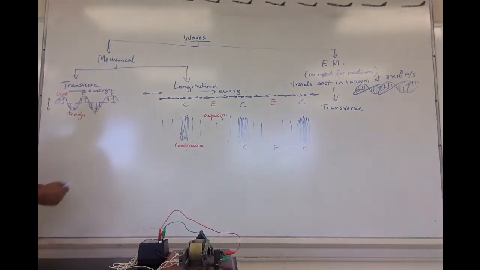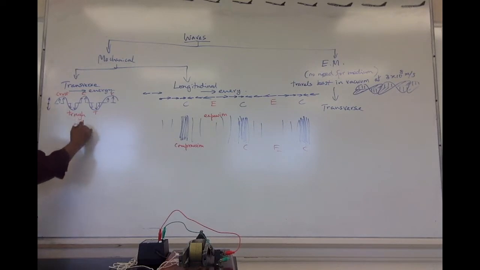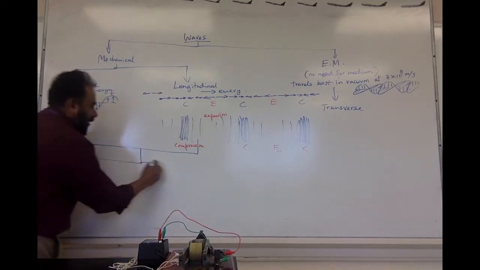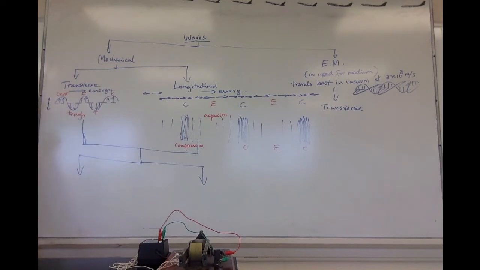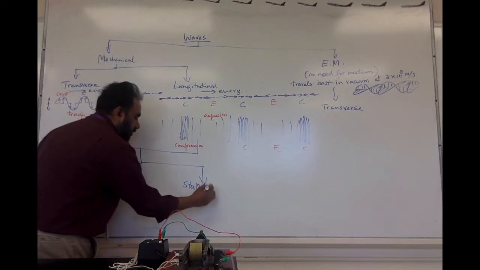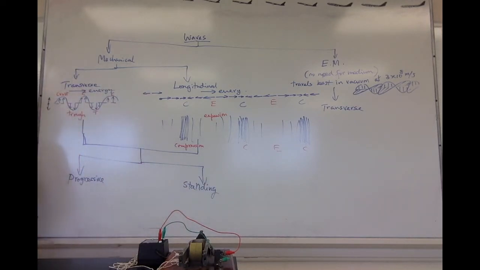Now, transverse and longitudinal waves are both classified into two more types, which are progressive and stationary or standing. So progressive and standing, those are the two kinds of waves.